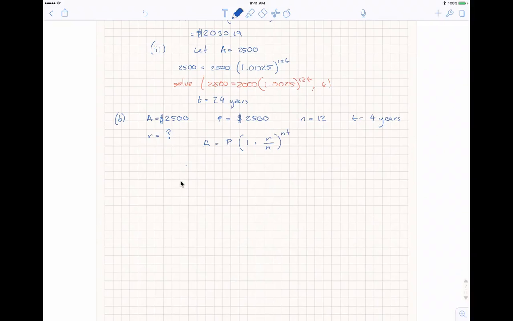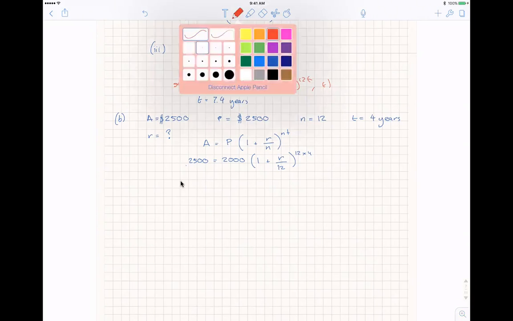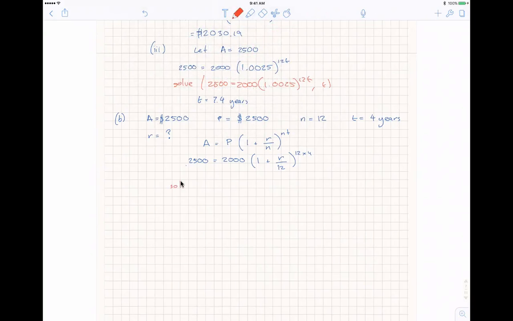So substituting the values in, we have 2,500 equals 2,000 times 1 plus our r, which is unknown, divided by 12, to the power of 12 times 4. So I put that again straight into CAS. And you will find that you in fact get 2 values for r.